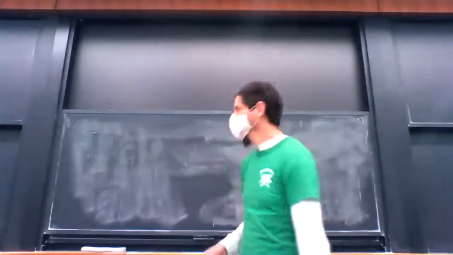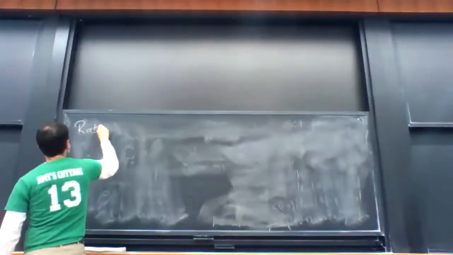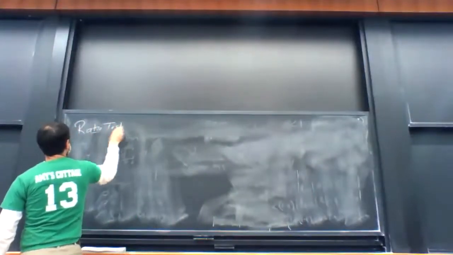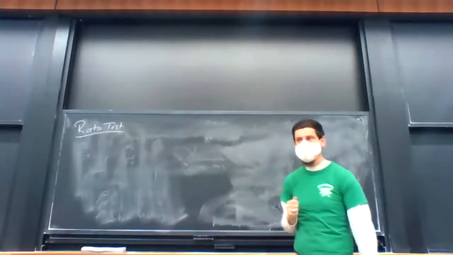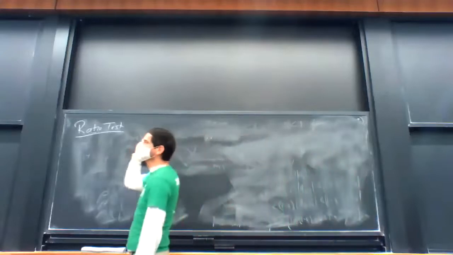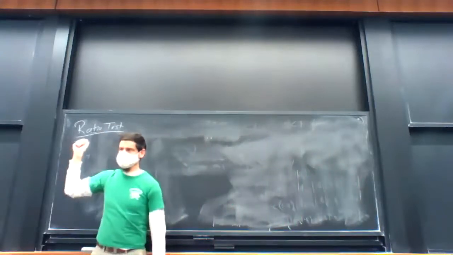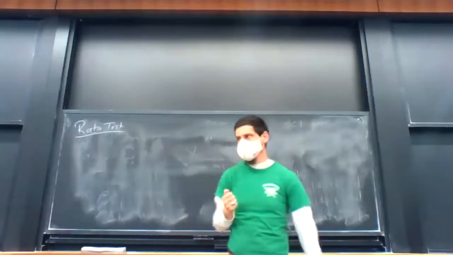Okay, so now let's start off with the ratio test. The ratio test and the root test are extremely powerful, and what they're really doing is an application of the comparison test. So with the comparison test, you can use any sequence.